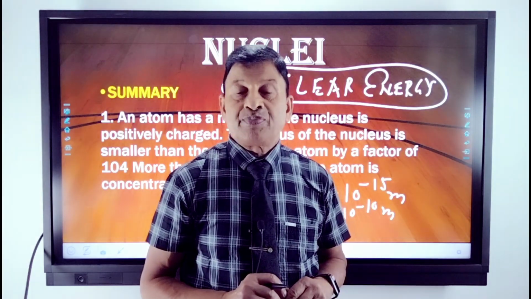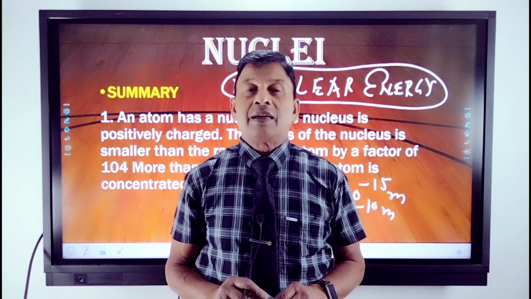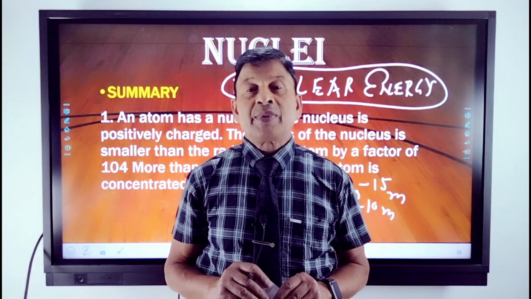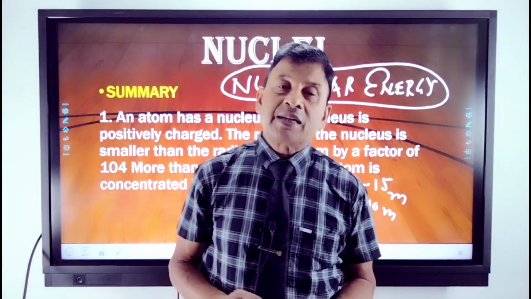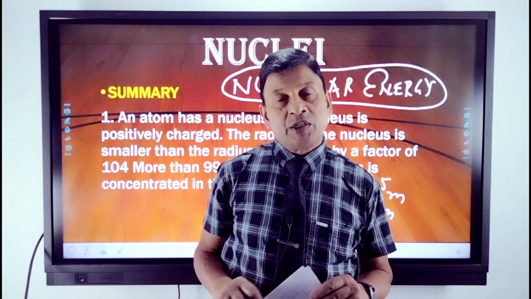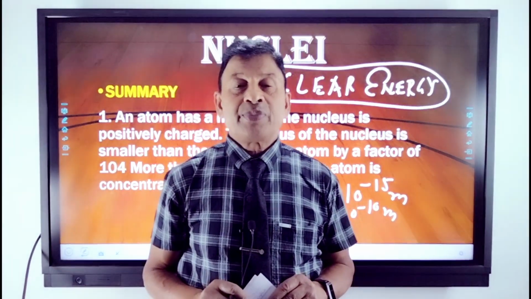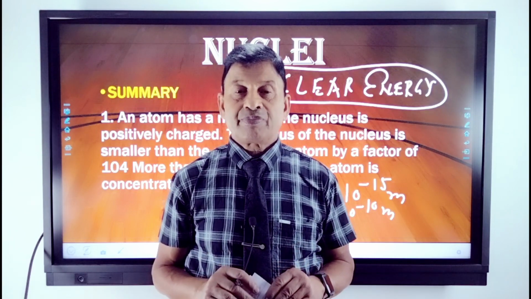Second point, the nucleus contains proton and neutron. उसमें proton neutron होते हैं, and you all know proton is a positively charged particle, neutron is neutral, and that's why the charge of the nucleus is positive. Very clear?